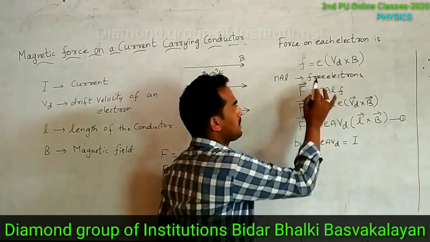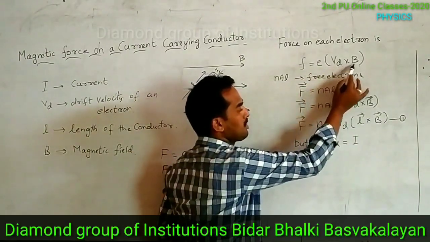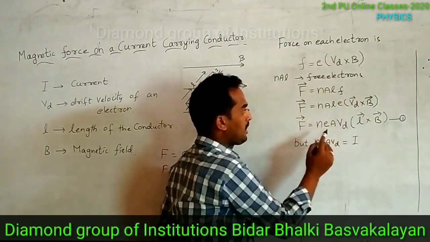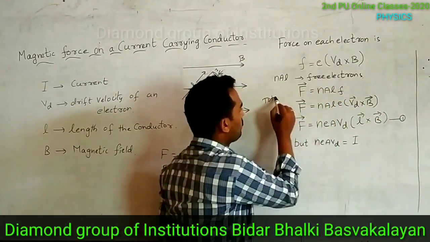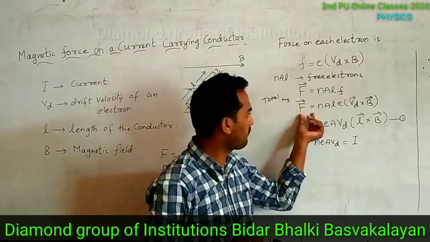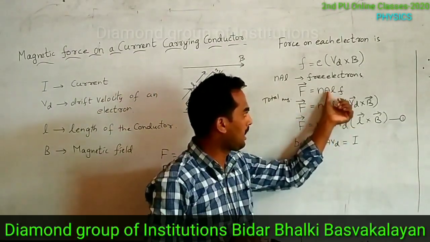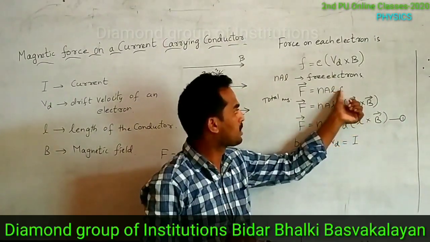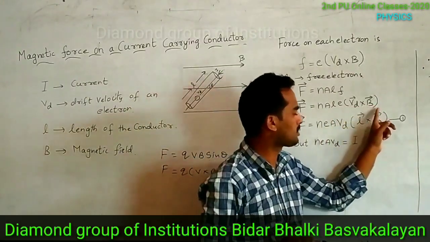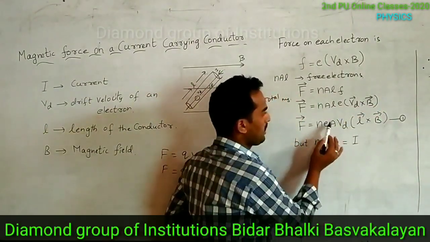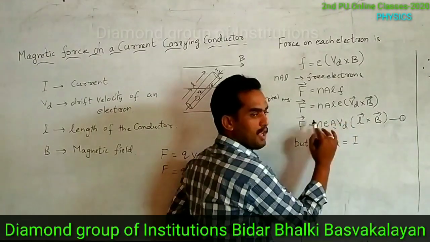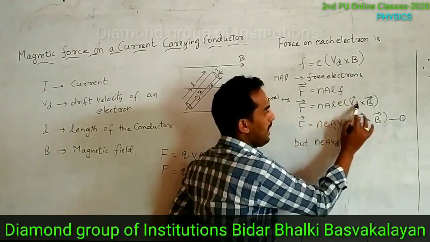What is the force on each electron? e into Vd cross B, multiplied by the total number of free electrons. That will give the total magnetic force. That is F equal to nAL into e Vd cross B. Here n, e, A stay as they are, just interchanging L and Vd.